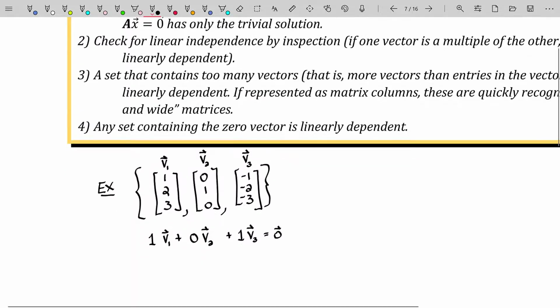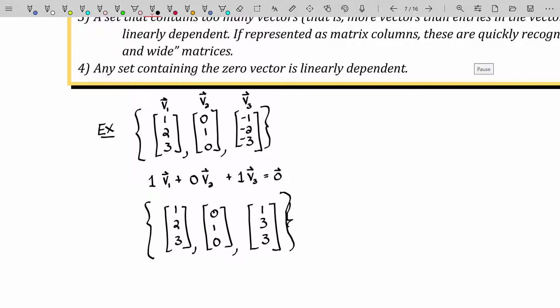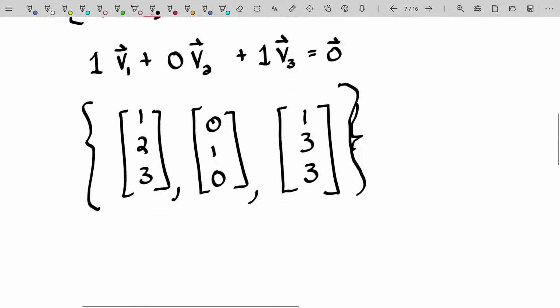It is also true that if your set contains a vector that can be generated using a linear combination of another 2 or more vectors in your set, it is linearly dependent as well. So this set of vectors is actually linearly dependent. Why?